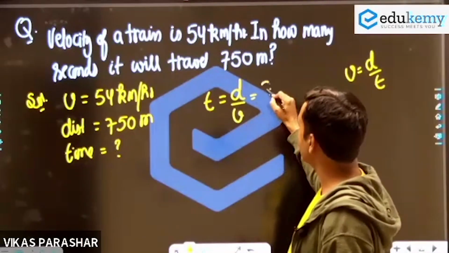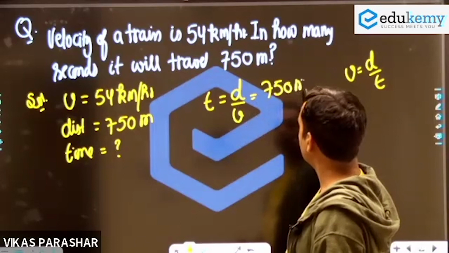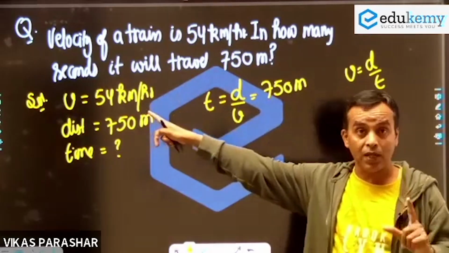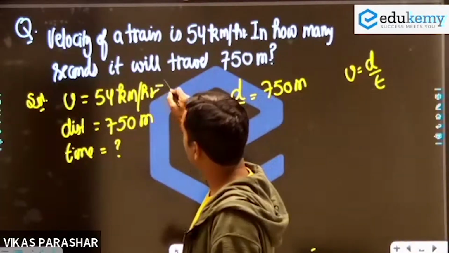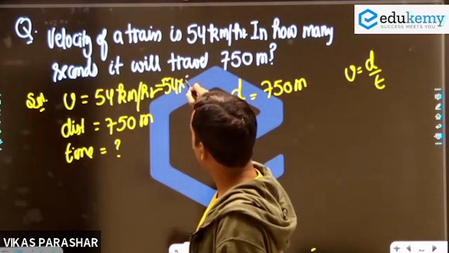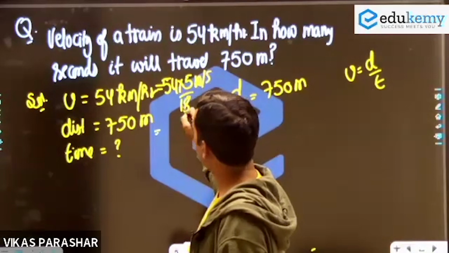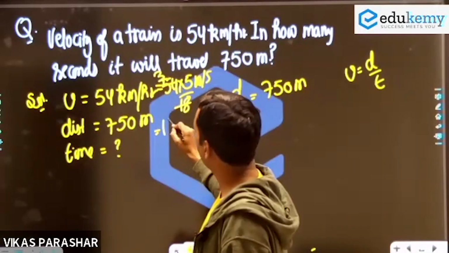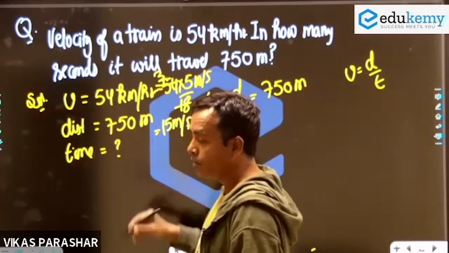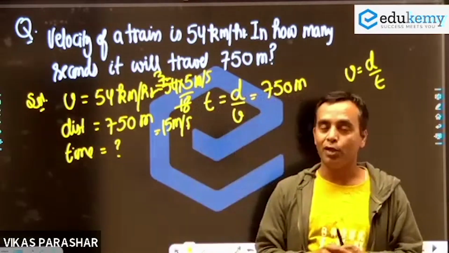So distance is 750 meter, but velocity is in kilometer per hour. So convert this velocity into meter per second by multiplying by 5 by 18. 18 3s are 54, and you get 15 meter per second. Please note, this is the use of conversion.